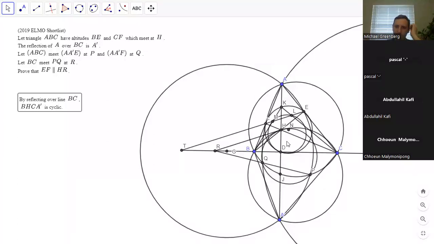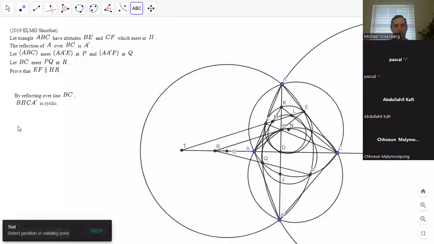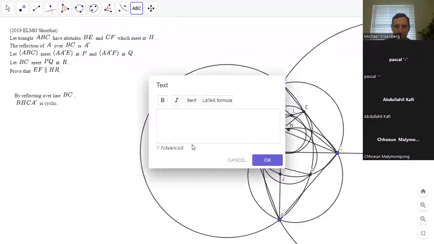And we're going to invert those two circles about the circle centered at A with radius the square root of AF times AB. So I'll say invert about the circle with center A and radius square root of AF times AB.